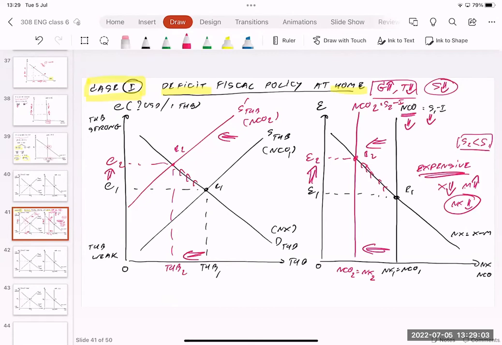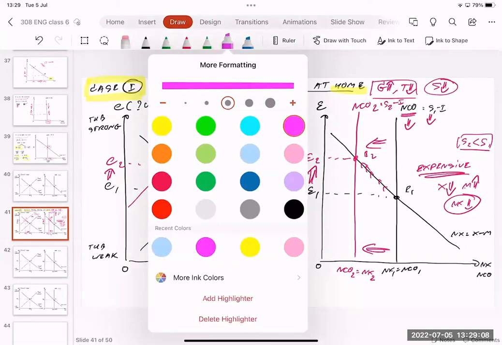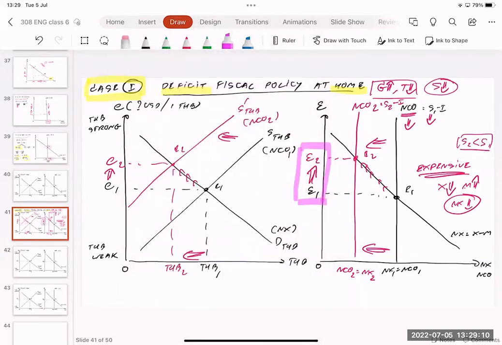You can see that the two graphs confirm each other. The real exchange rate is going up, and in the same way the nominal exchange rate is also going up. Everything in our country becomes more expensive, and it's confirmed by the nominal exchange rate that our Thai baht becomes strong.